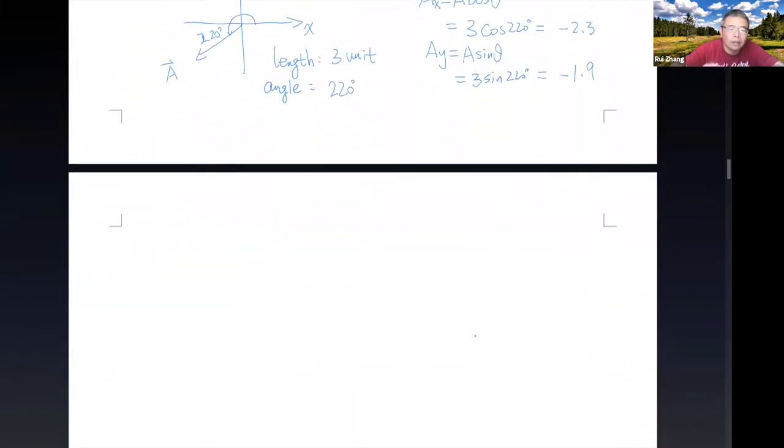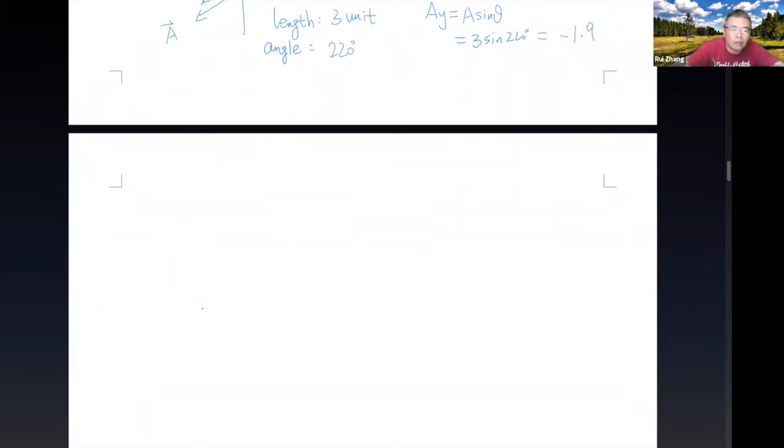As I said, you can easily draw it using the right triangle here. Let me do it a little bit differently. If you look at this right triangle, this is your vector A. Now, if you draw a line like this, this length here is going to be your Ax, and this length here is going to be your Ay, right?